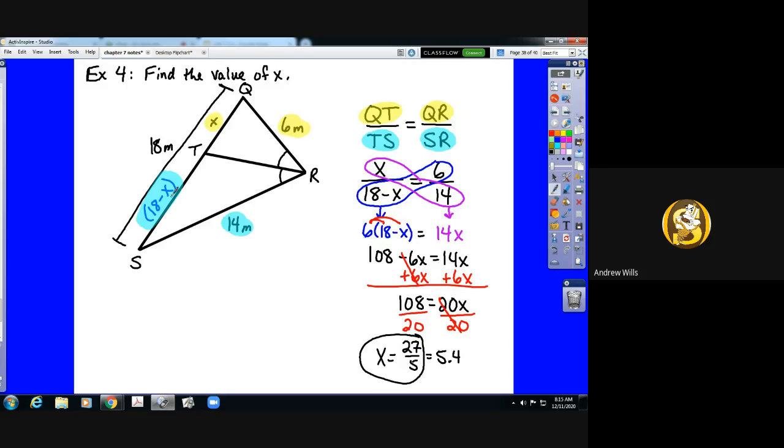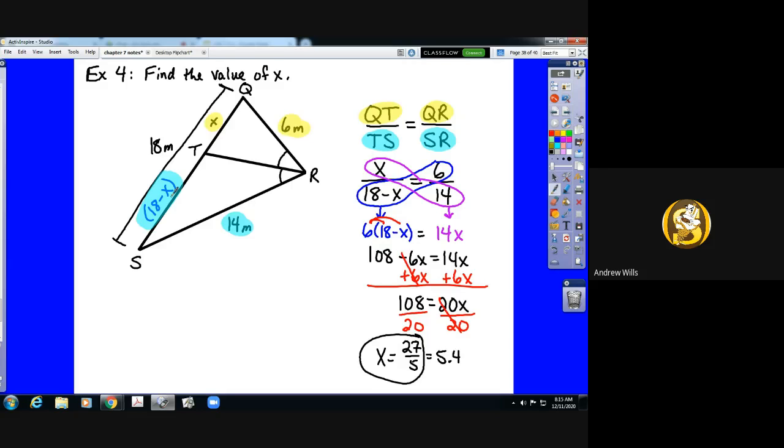I'd prefer the fraction, but if you're talking to somebody about a length, you're probably not going to use a fraction in conversation. So 12.6 meters is perfectly fine. All right, let's try another one.